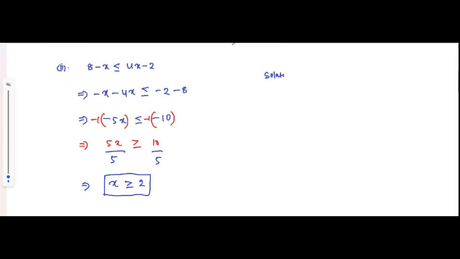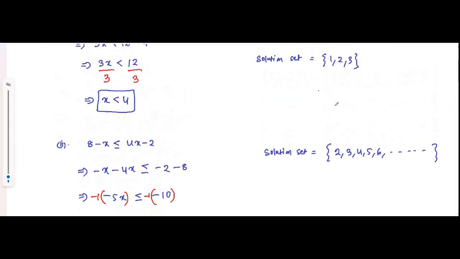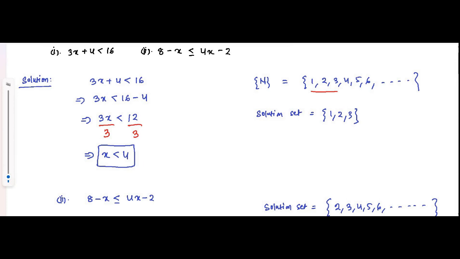Again, from the replacement set of natural numbers, the solution set will be 2, 3, 4, 5, 6 and it goes on and on like that. It started from 2 and it just went on.